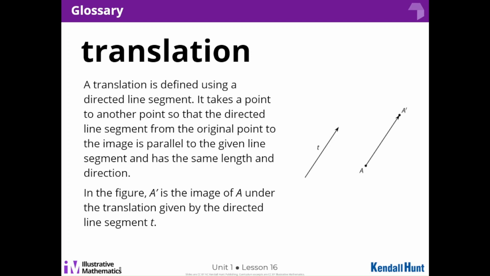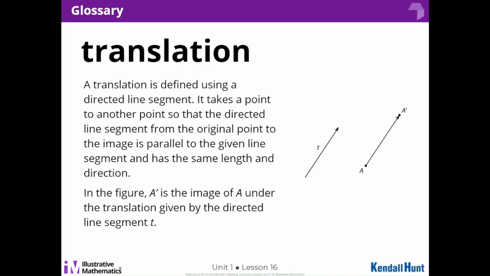And we have translation. A translation is defined using a directed line segment. It takes a point to another point so that the directed line segment from the original point to the image is parallel to the given line segment and has the same length and direction.